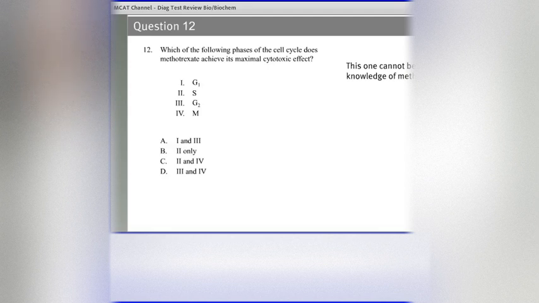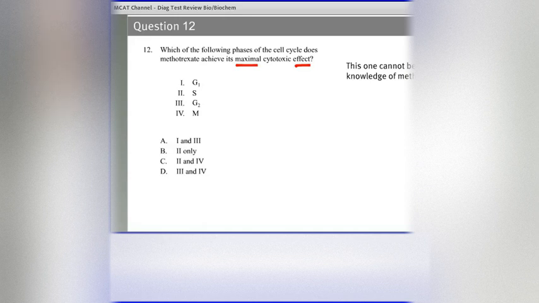I love this one because it's really classically indicative of the sort of almost mean traps that they throw at you. Notice the way they've asked you this question. Where does it achieve its maximal effect? Well, hold on. Let me give you one piece of information, and then we can talk about whether C is still the right answer.